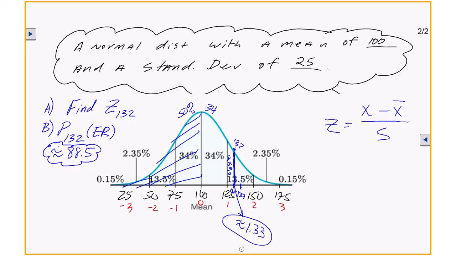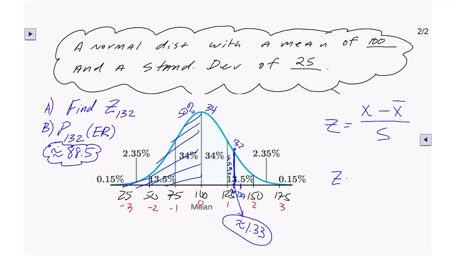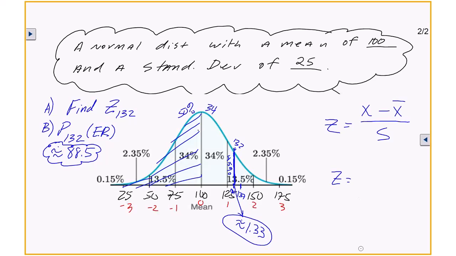So now let's see what it really is. So what's x? Okay, what's x bar? Okay, what's s? Are we going to play this game all day or what? So what is x bar? 100. Thank you. Was that you, Mr. Ramsey? I appreciate your help.